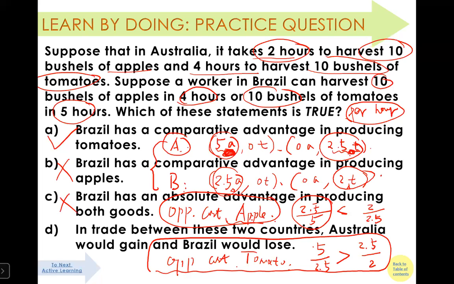D, in trade between these two countries, Australia would gain and Brazil would lose. That's against the principle of comparative advantage. Actually, the principle of comparative advantage tells us both countries will gain, even though Australia has absolute advantage in producing both goods, right? So A is correct.